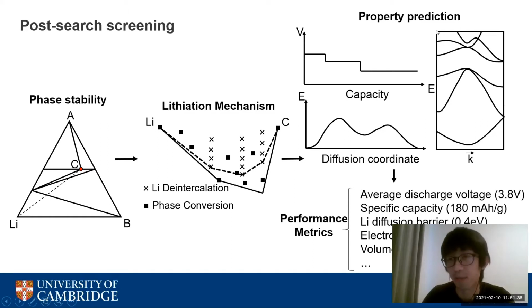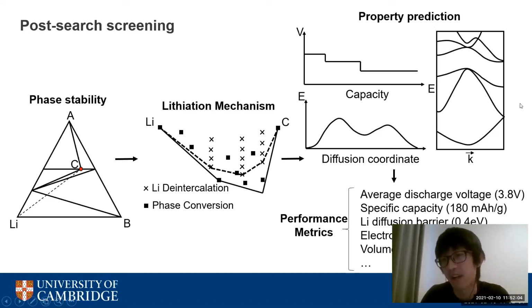Another relevant factor for the rate capability is the electron diffusion, so it's the electron transport. It's pretty hard to directly get electron transport properties from DFT calculations, especially for these kinds of semiconductors, because it involves the defect levels and all these defects in these materials.